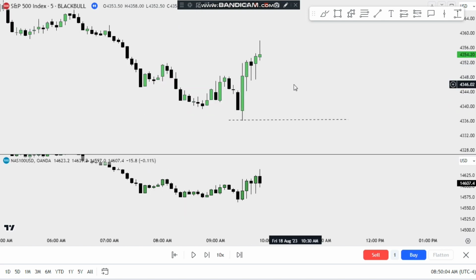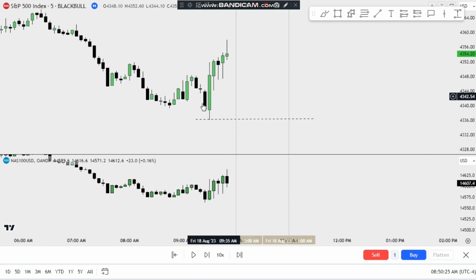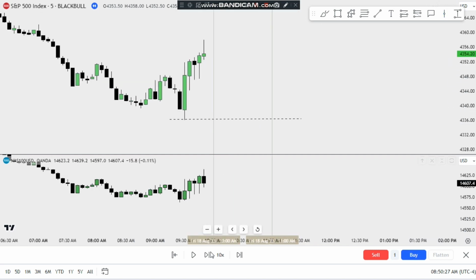Now I will give you an example from indices, which is S&P 500 and Nasdaq 100, and also I will explain what the 10 handle targets are. So you can see that the price is about to enter into this silver bullet window, the 10 to 11 a.m. window. Now as I already said, the first step is finding any divergence.